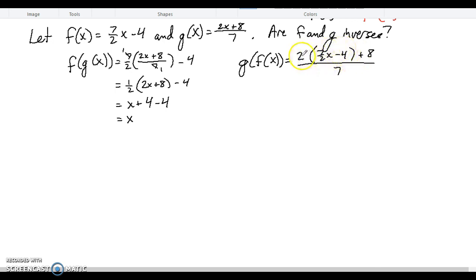If I distribute the 2 through, 2 times 7/2 is just plain 7. So I've got 7x. 2 times negative 4 is negative 8 plus 8 all over 7. Well, negative 8 plus 8 is 0, so this is just 7x over 7, which is just x. Now, since in both cases we got x, we can say they are inverses.